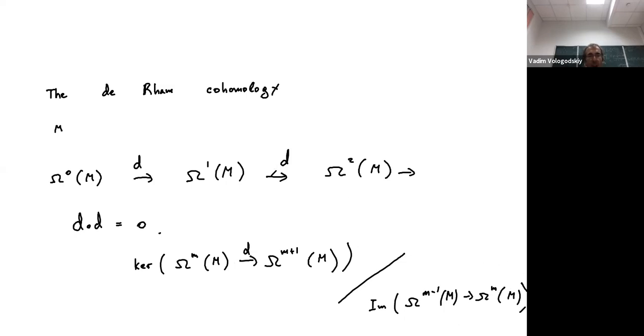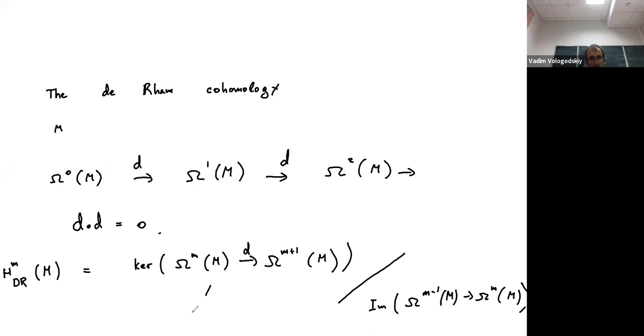You can take its homology. It's defined to be the quotient of the kernel of this map d by the image of the previous one. And in this particular case, when I have differential forms, it's called the nth de Rham homology of M.